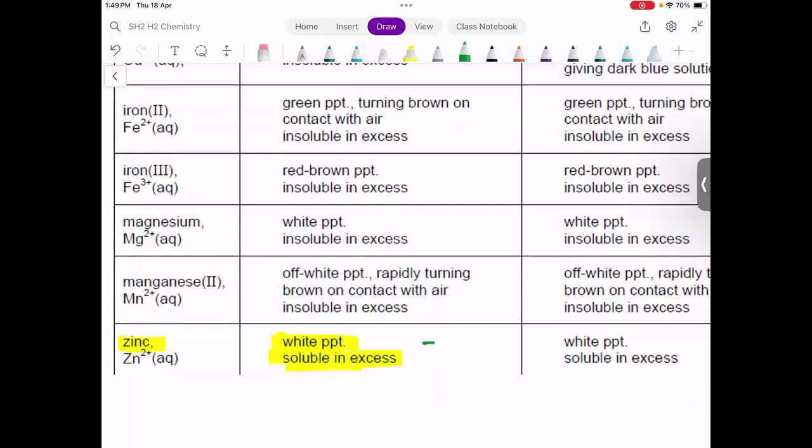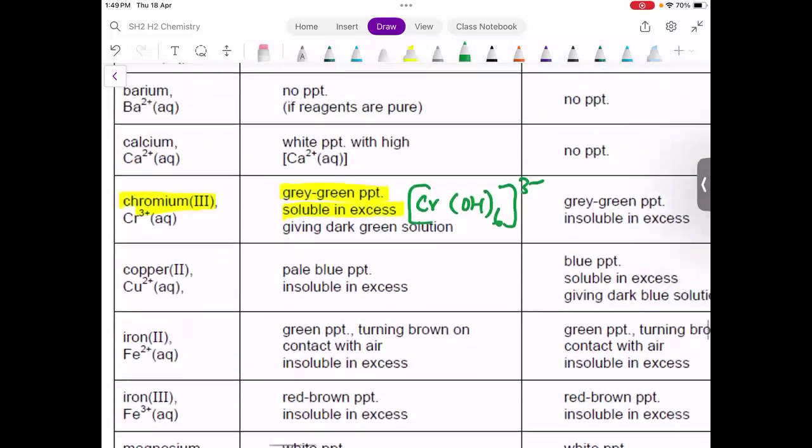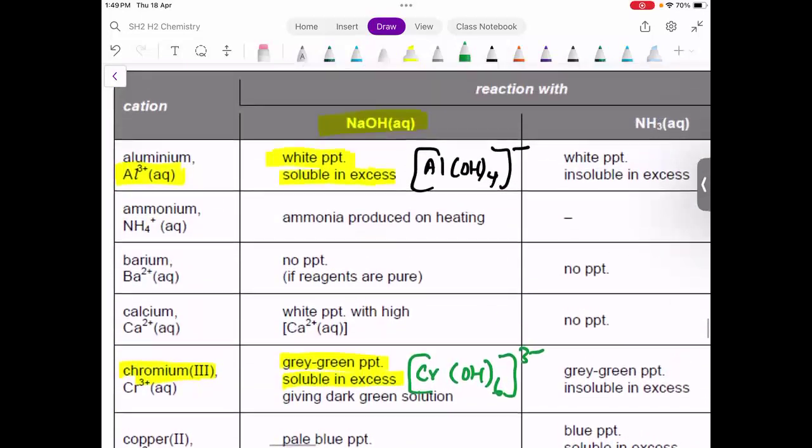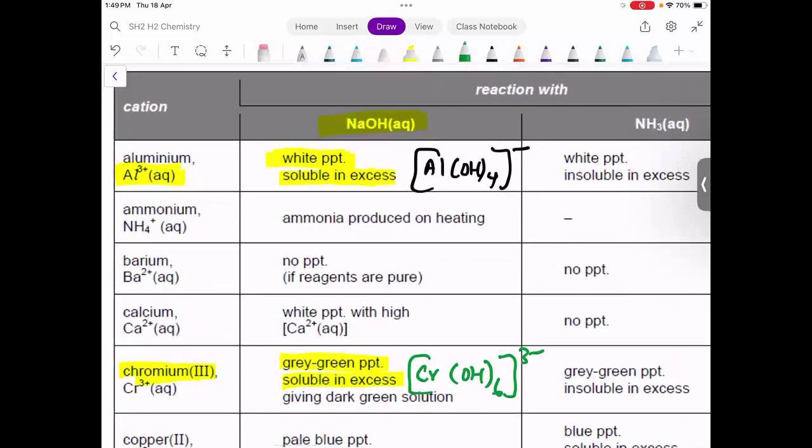This is also due to the formation of a soluble complex. Does this ring a bell? These are all formed due to the excess of sodium hydroxide. These are your soluble complexes.